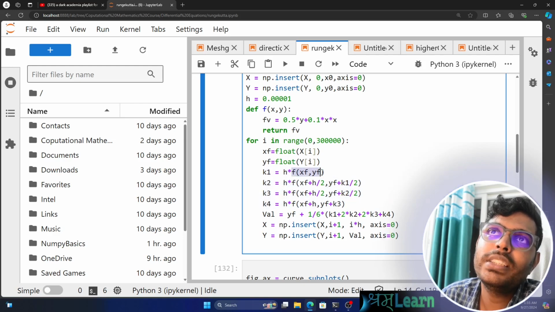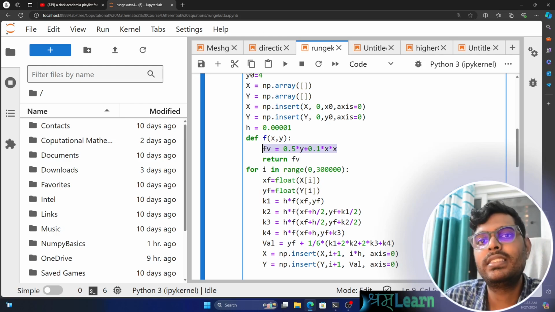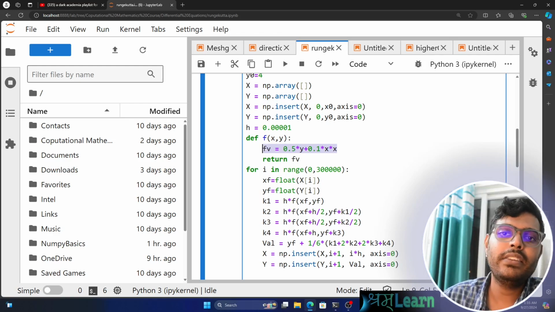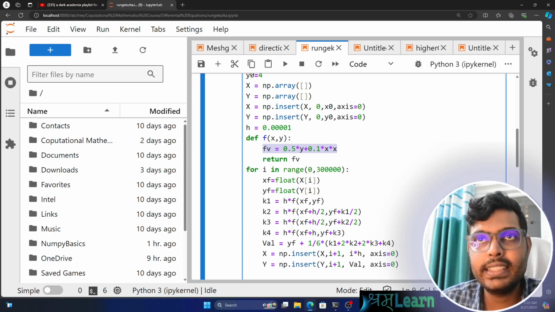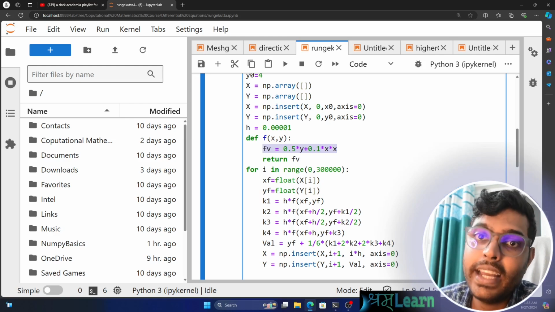So this f function is nothing but our differential equation. Which side, left side or right side? Right side. y dash is equal to some function of x and y.